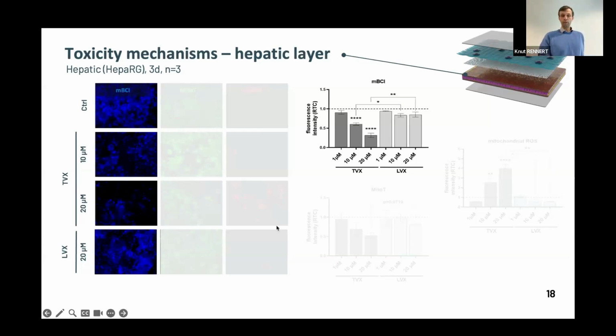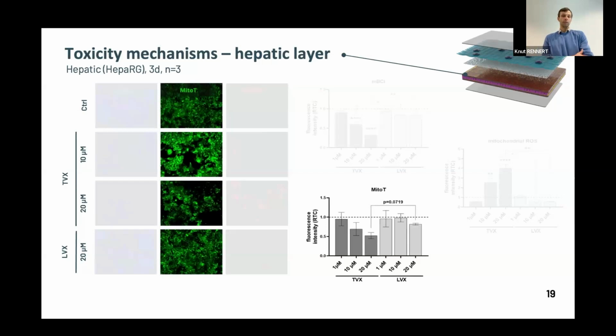This was also quantified and analyzed by software for fluorescence intensity. You see that you have a significant decrease of glutathione level in trovafloxacin treated liver-on-chip models. Further on, we checked for mitochondrial activity and integrity. As you already saw in a few slides before, the cell layer is not that consistent anymore with increasing concentrations of trovafloxacin.